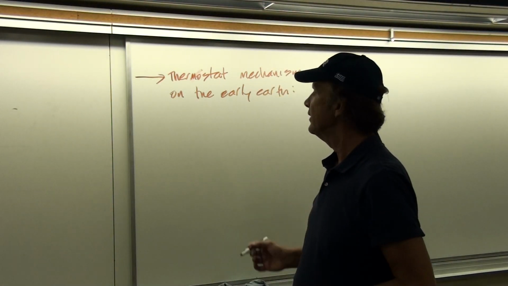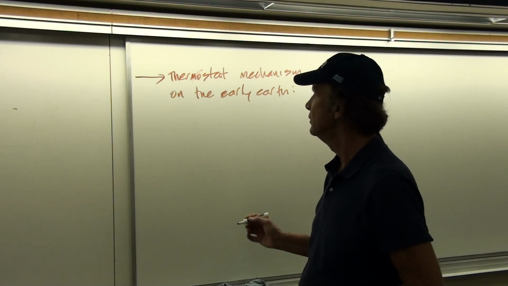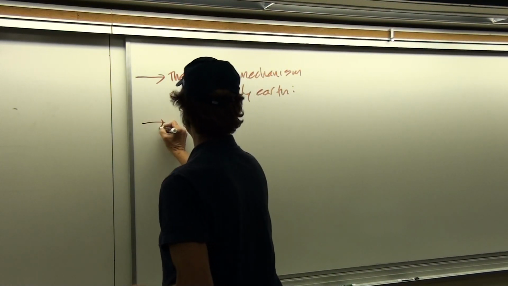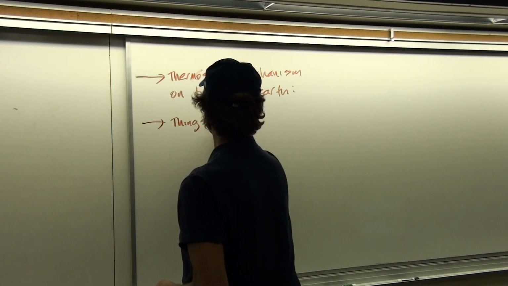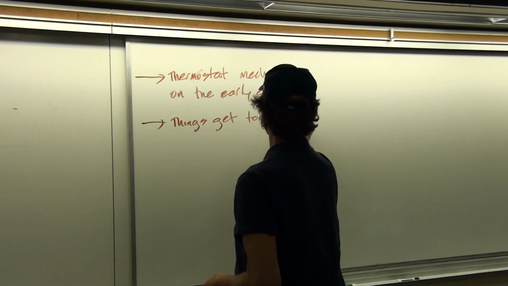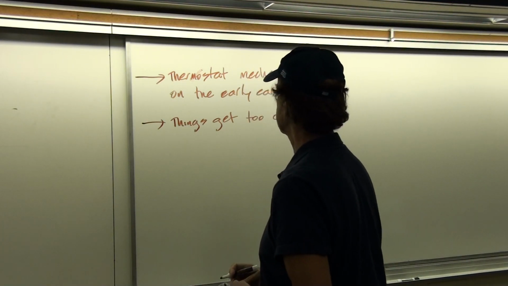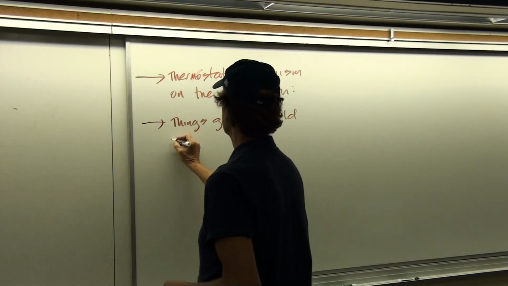And so on the Earth then, we have instances of cooling. When things get too cold, basically what that causes is the Earth's surface to freeze.